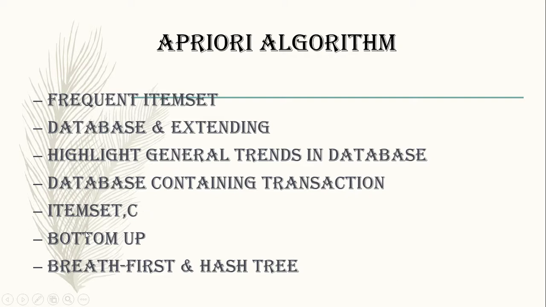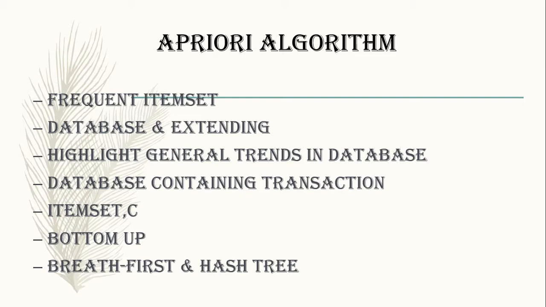Now moving to the next point, that is the bottom up. The Apriori algorithm uses the bottom up approach where the frequent subsets are extended one item at a time.